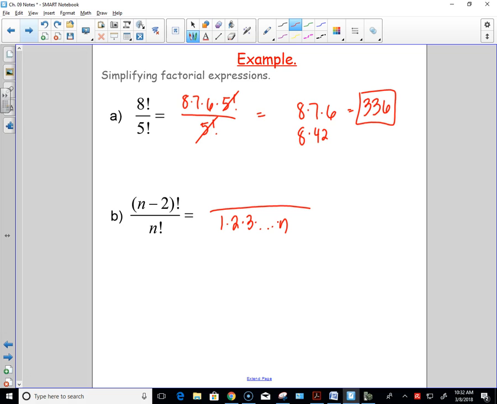Top one doesn't go so high. Still might go high, but it doesn't go. Dot, dot, dot, times n minus 2, right? So I think I can cancel out some things.